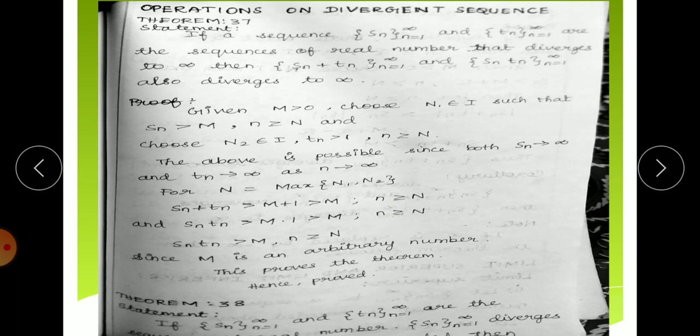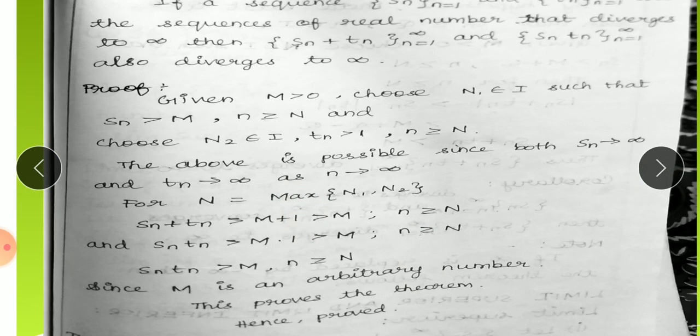So we are taking m as a positive real number, and the sequence Sn should be greater than m. And for another positive integer n2, Tn is greater than 1 whenever n is greater than or equal to n2. So when n tends to infinity, both Sn and Tn tend to infinity.